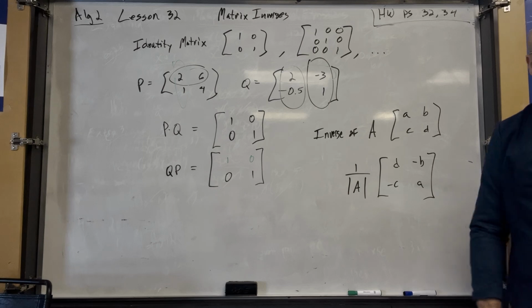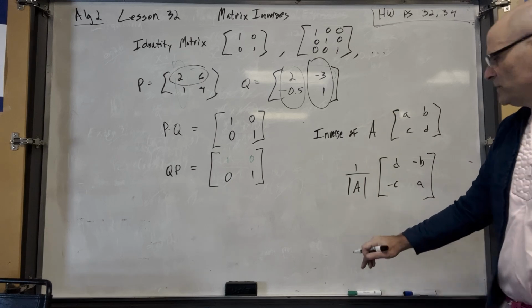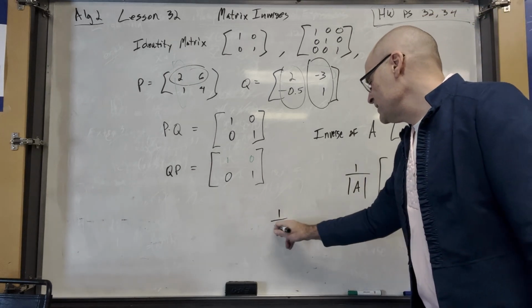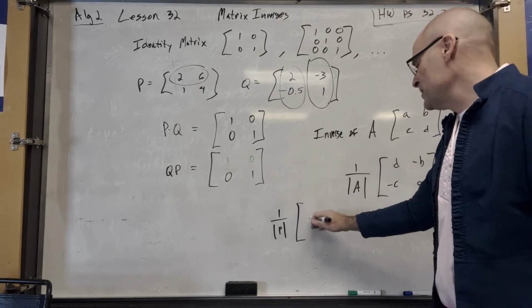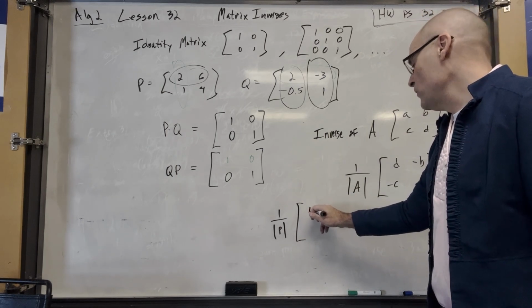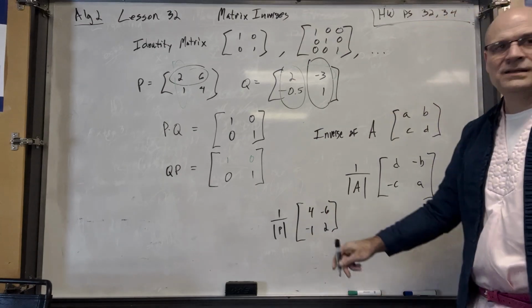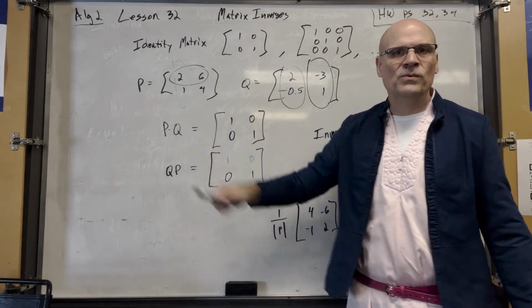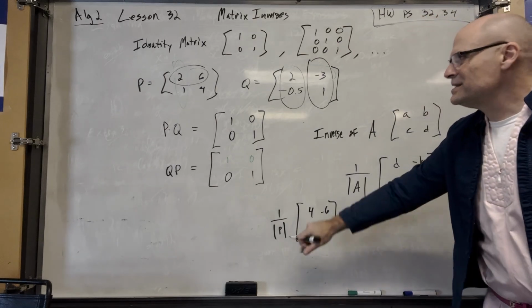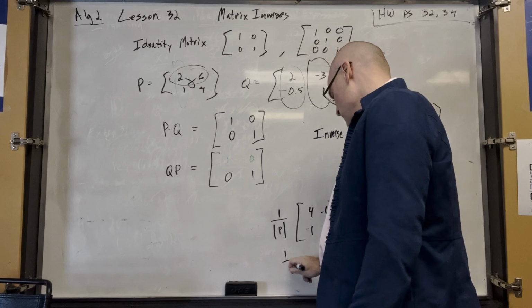But write this down. 1 over, it looks like the absolute value of A, but when it comes to matrices, it's the determinant. So if I took 1 over the determinant of P times, and then I'm going to switch these around, 4 and 2, and then -1 and -6. You see what I did? I just swapped the 2 and the 4, and then I negated the 1 and the 6. So what's the determinant of P? 8 minus 6, that's just 2, right?